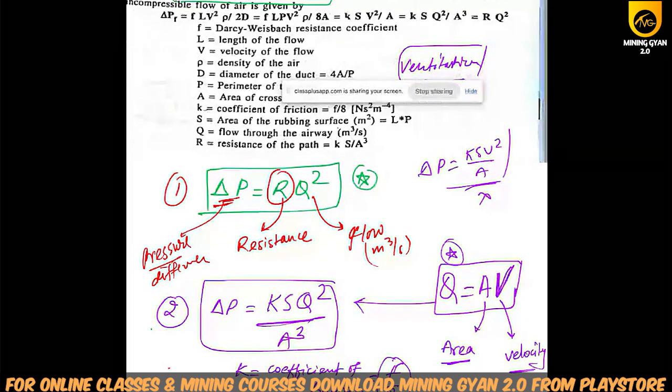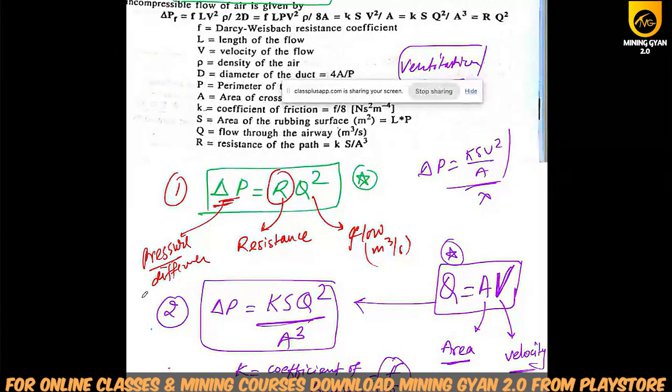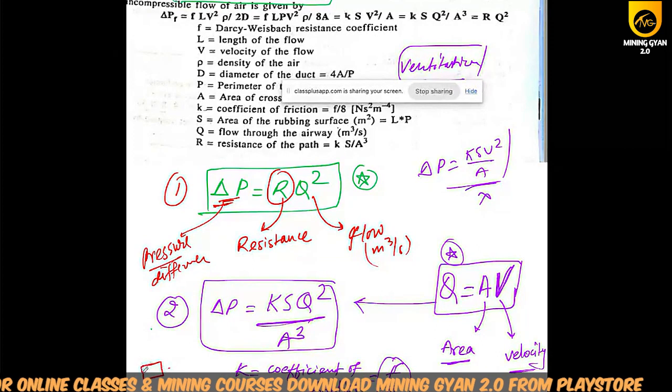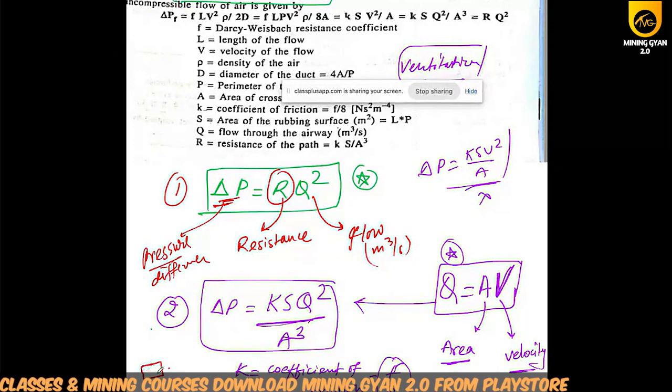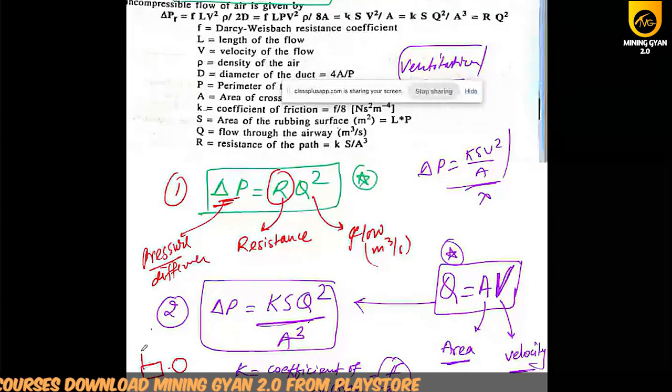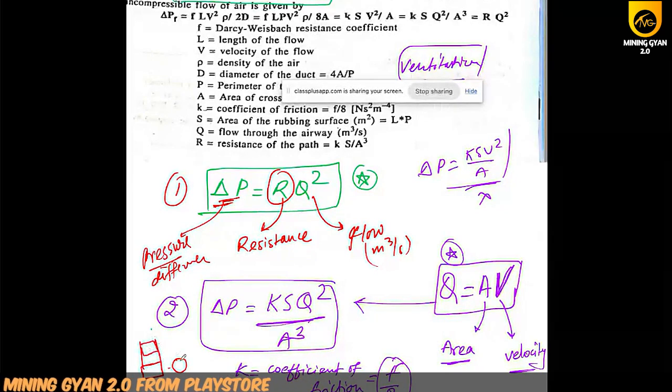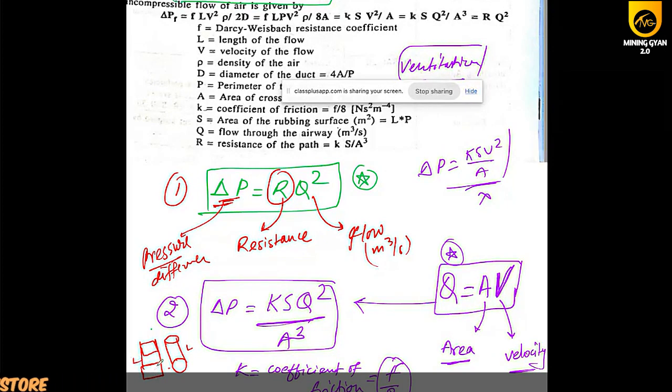And what is the S? S is the surface area. How will you find out the surface area? Suppose this is your duct, a circular duct. I don't know which type of duct they will provide, and it has a length. It is the length, and it is the perimeter.